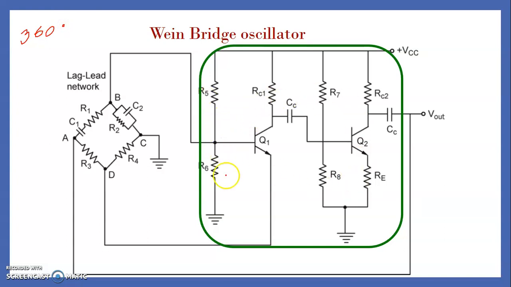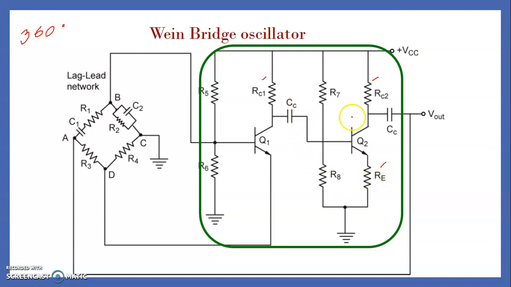Here R5, R6, R7, R8 are the voltage divider resistors, which are responsible for bias stability. RC1, RC2 are the collector resistors of transistors Q1 and Q2 respectively. RE is the emitter resistor. Here we haven't connected any bypass capacitor, so obviously it is an unbypassed emitter resistor.